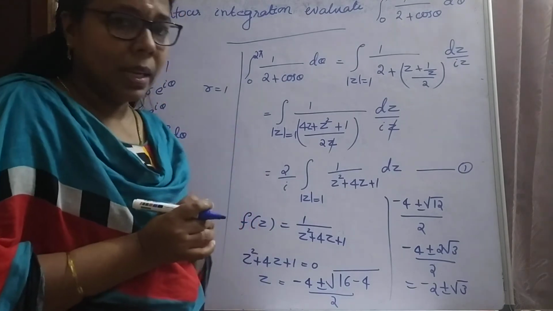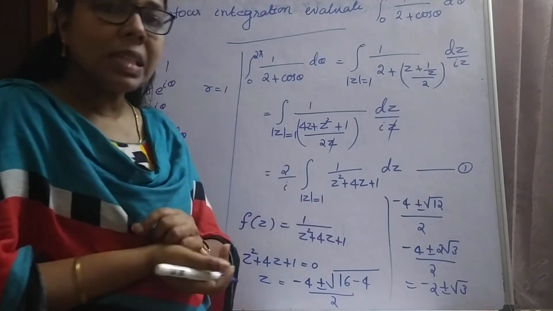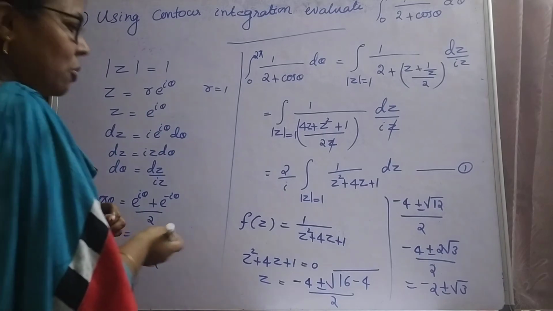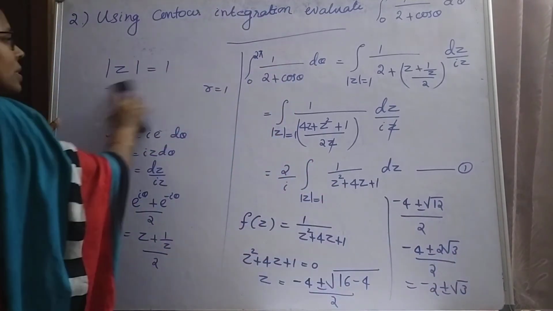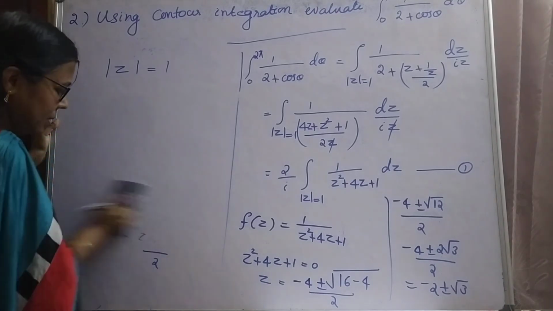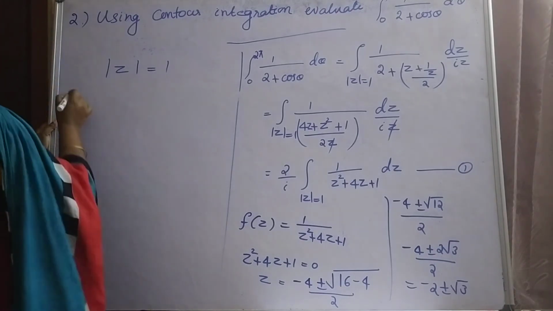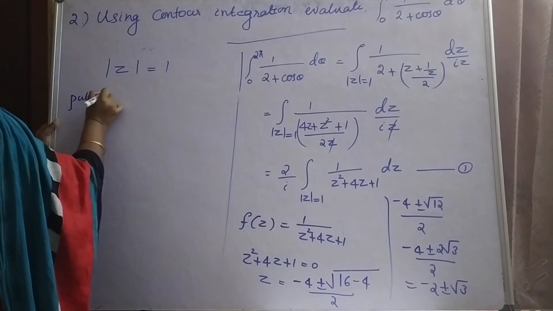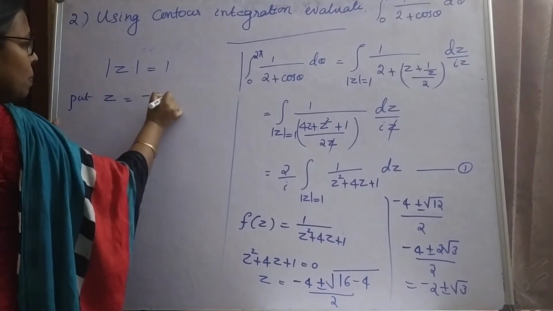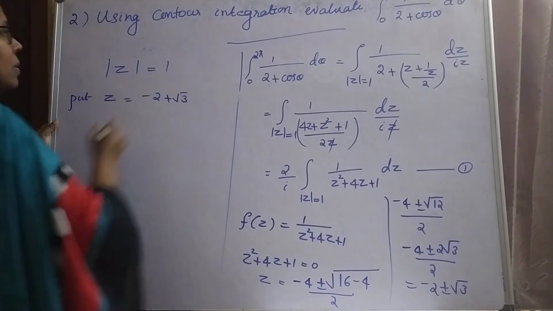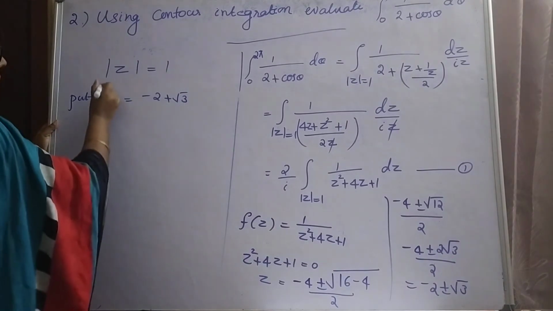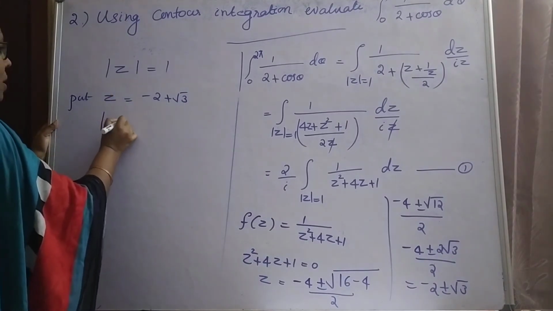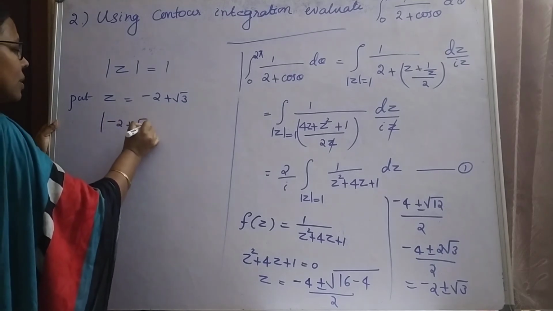Now we have to find which singular point is inside the contour C. Our contour is mod z equal to 1. Put z equal to minus 2 plus root 3, that is mod of minus 2 plus root 3.